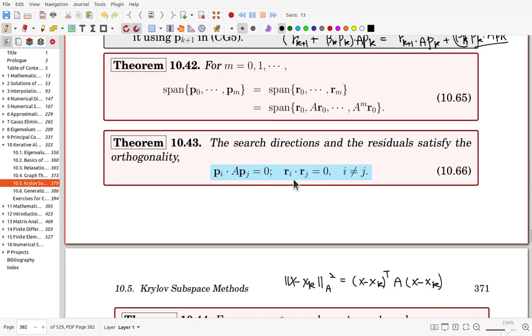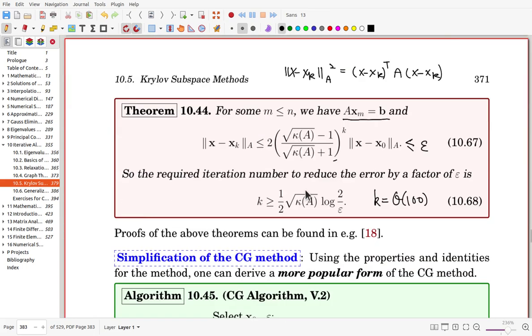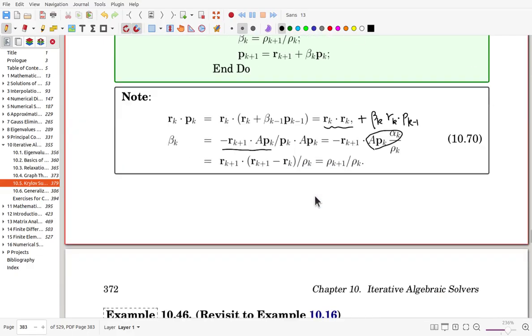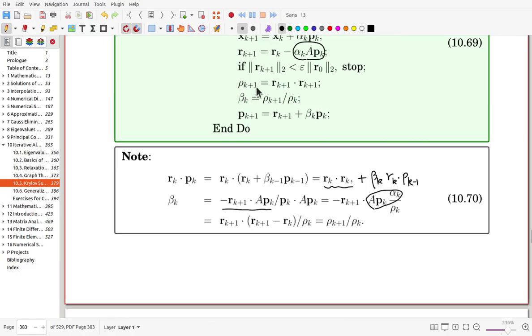So if i and j are different, then they are orthogonal, so the dot product must be 0. So this dot product will be 0. The remaining part is r_{k+1} dot r_{k+1}, which is rho_{k+1}. So here beta_k is this one. And we make rho_{k+1} the r_{k+1} norm squared.